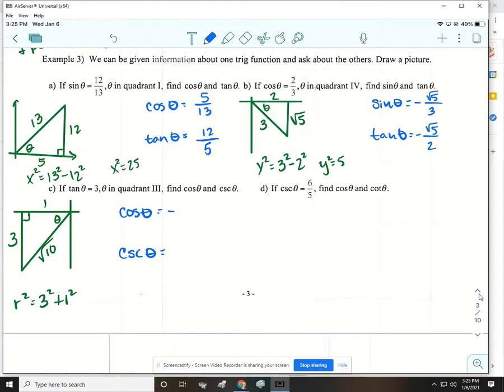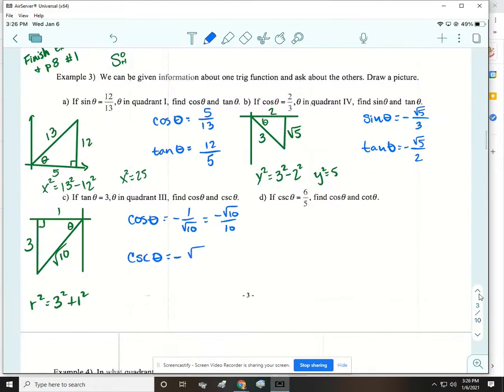The cosecant is the reciprocal of the sine, and the sine in quadrant 3 is negative also. So for cosine, we will do the adjacent over the hypotenuse, or negative square root of 10 over 10. Now the cosecant is the reciprocal of the sine, so instead of opposite over hypotenuse, we'll do hypotenuse over opposite.